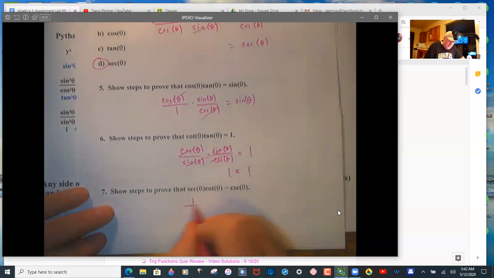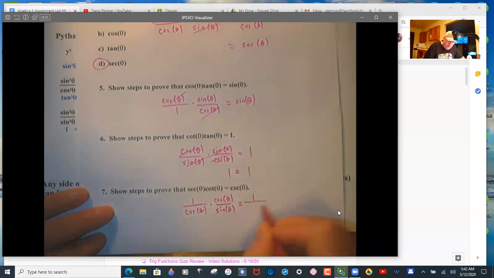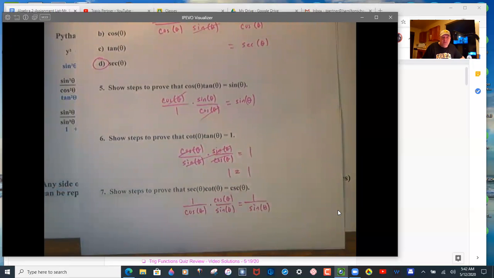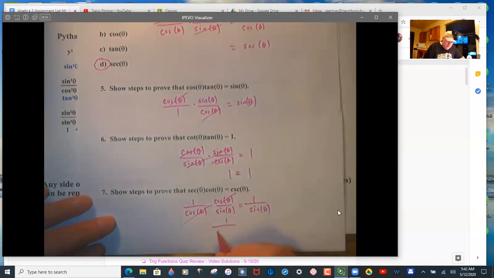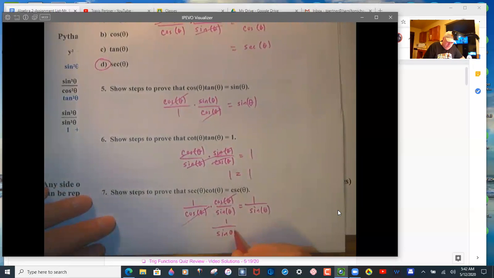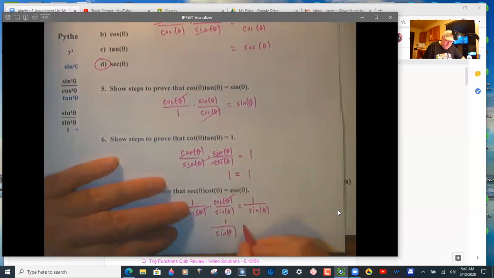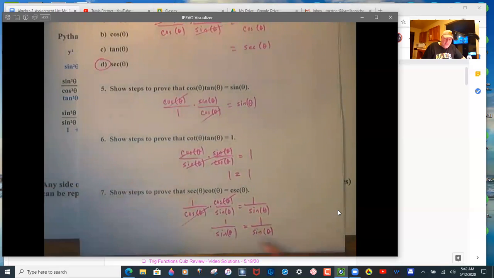Okay, prove that secant, which is 1 over cosine, times cotangent, which is cosine over sine. Again, you're looking up what these things equal. Equals 1 over sine. So I looked up what all 3 of those things equal. And then you just do the algebra. My writing is not very good today. And there it is, 1 over sine equals 1 over sine.